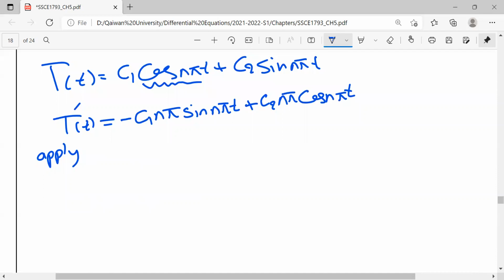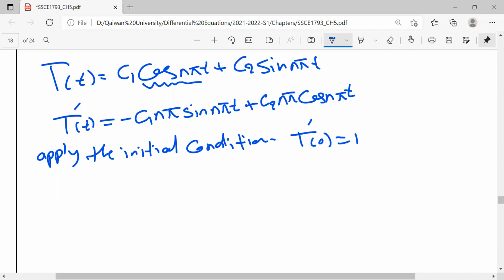Here we took the derivative with respect to t, then we replace t by 0 and equal it to 1. Let's see what we get.